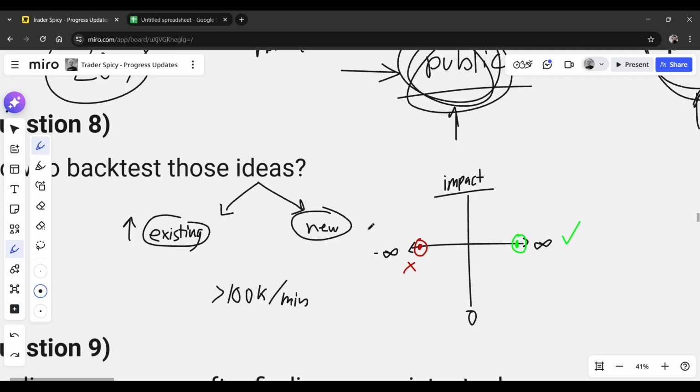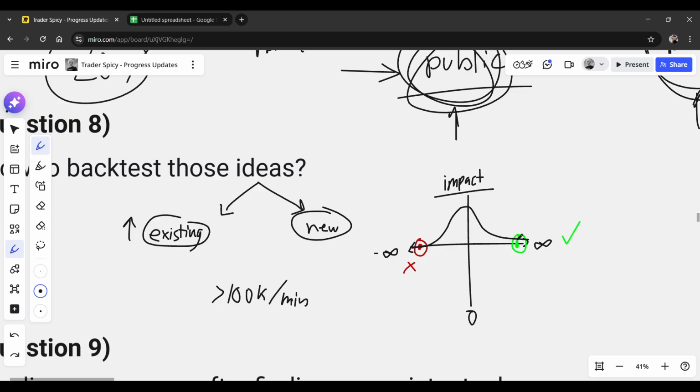Now, what you will find is if you test a bajillion ideas, let's say 1 million ideas, you will notice that the distribution curve of how much impact your ideas will have looks like a bell curve. So it will look something like this. What this basically means is that most of your ideas, the majority, will have little to no impact on your trading performance.